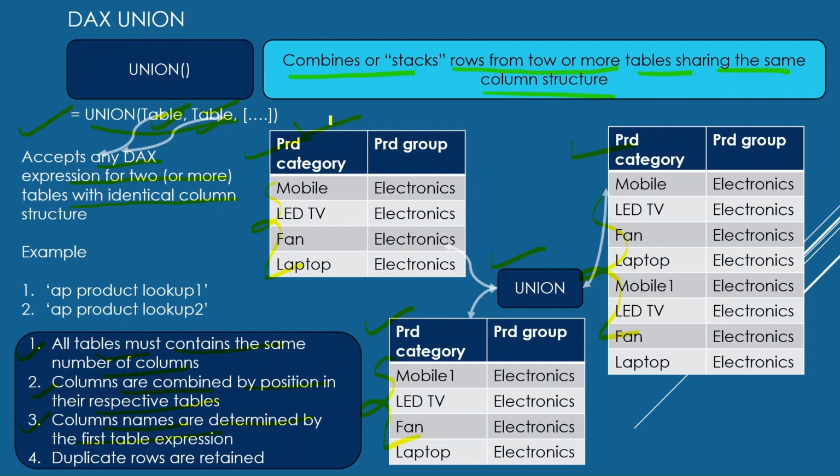If we provide this table at this position and this table at this position, the column names will be identified from this first table, because we provided it as the first input parameter in this union function. Duplicate rows are retained. So if any table has duplicate rows, and we combine the table rows, those duplicate values will be retained.